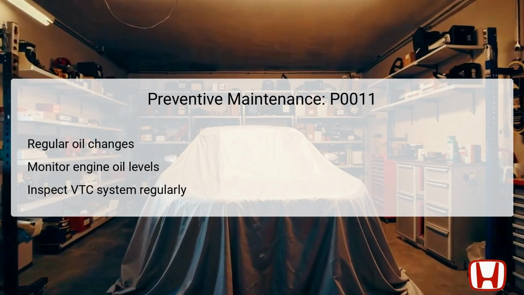Furthermore, a periodic inspection of the VTC system itself, including checking for any debris or clogs in the oil passages, will help catch potential issues before they escalate. By implementing these preventive measures, vehicle owners can prolong the life of their VTC system and maintain engine efficiency.